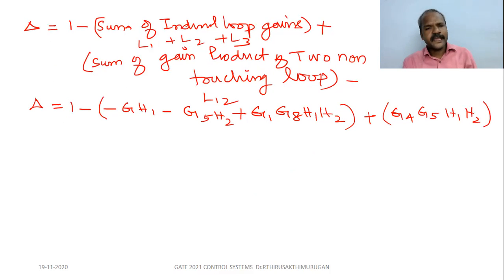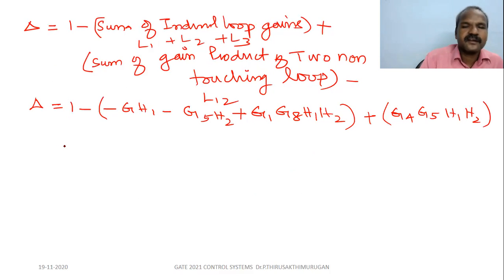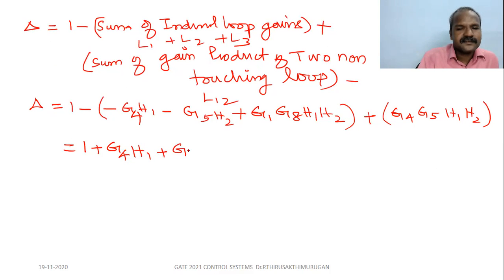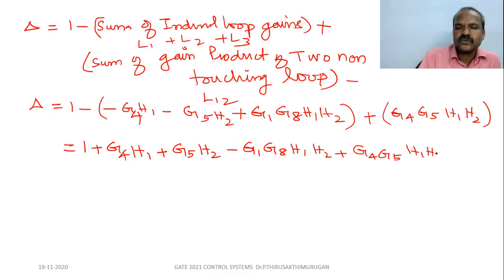Am I right? Are you getting? Yes, very good. So if you remove the bracket, 1 plus G4 H1 plus G5 H2 minus G1 G8 H1 H2 plus G4 G5 H1 H2. This is the required expression for delta.